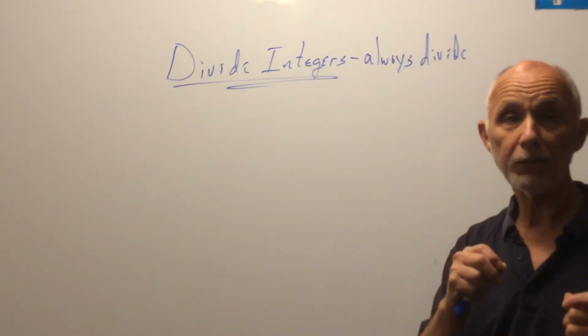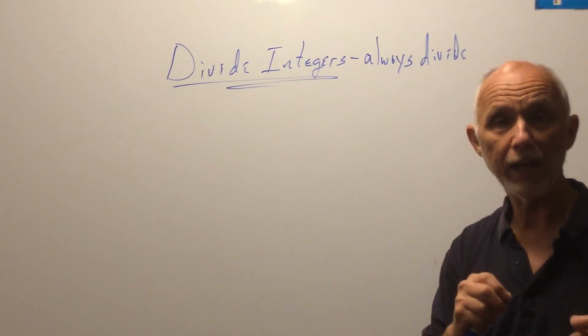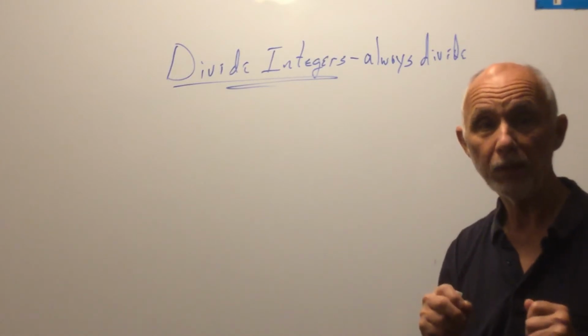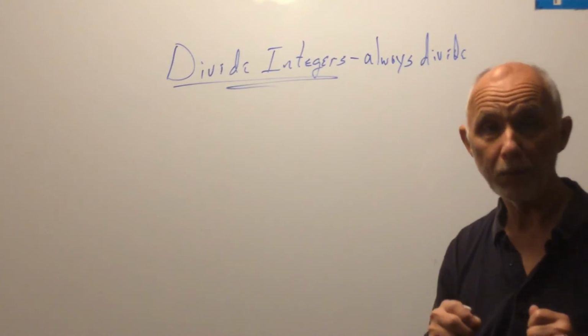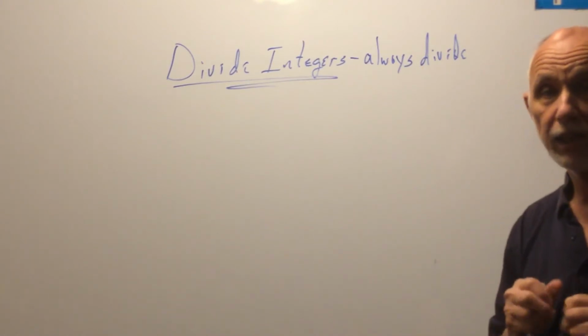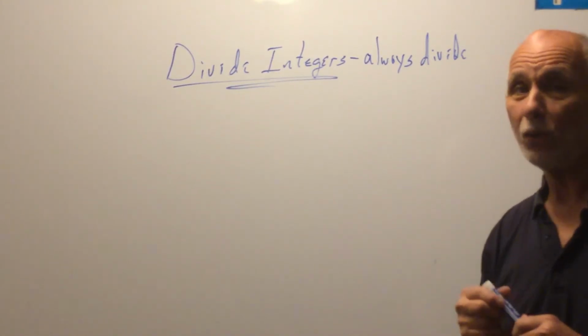Because when you change from division to multiplication, you change the number you're dividing by to its reciprocal. And if you want the reciprocal of a negative number, it's still going to be a negative number. So when you change a number to its reciprocal, you don't change the signs. Well, if you follow what I'm saying, great. And if you don't, don't worry about it.